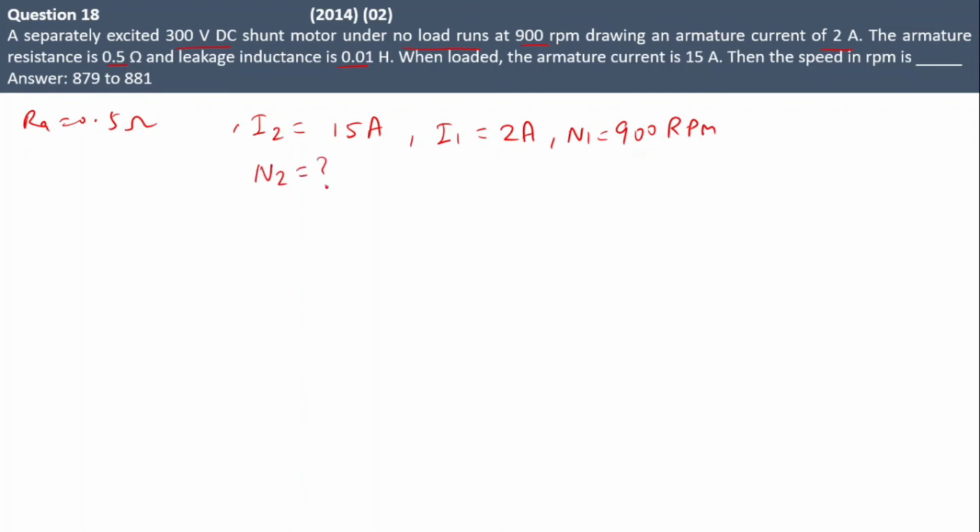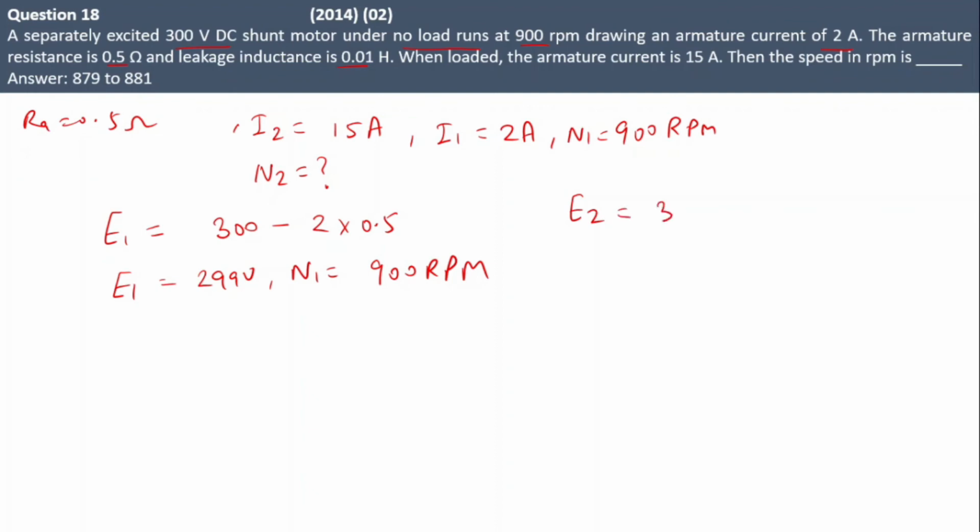speed in rpm? So first find out E1 equal to V minus Ia Ra. 300 minus Ia, no load current 2, into 0.5, so it is something like 299 volt, E1. Corresponding to N1 is how much? 900 rpm. E2 at 15 amps, the back EMF is equal to 300 minus Ia Ra.